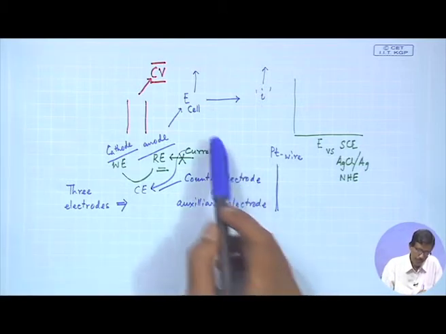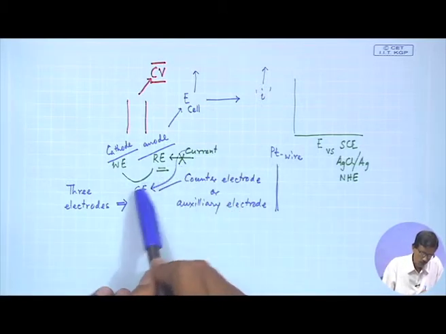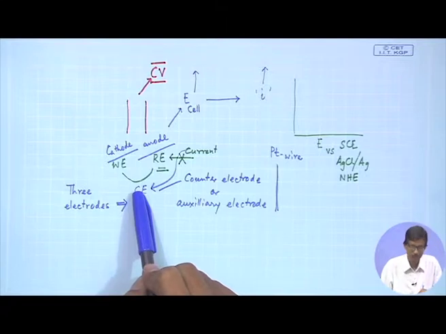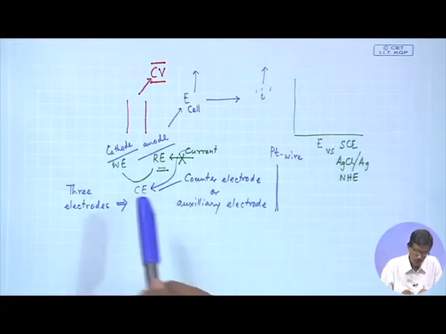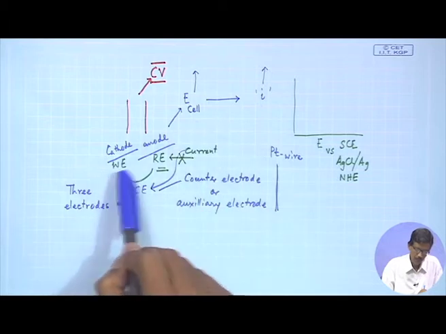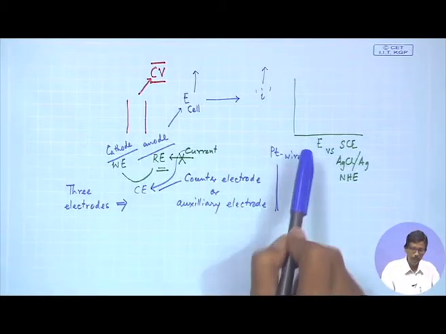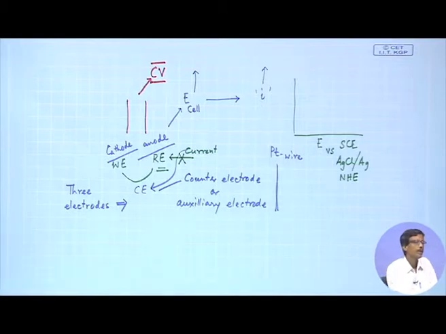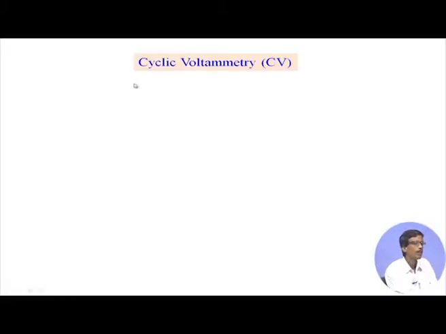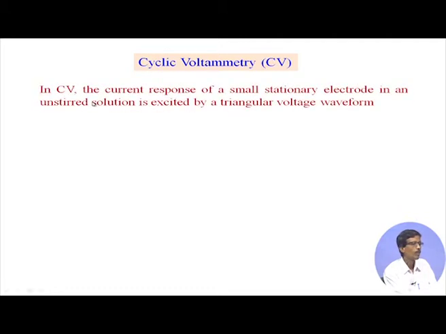So, the entire current will pass through your counter electrode for this type of measurement. So, we can measure the current as well as the potential. Now, we will see how we can plot that and how the arrangement is, in terms of the placement of the electrodes, what is written in different books, and all the information we gather from other sources.